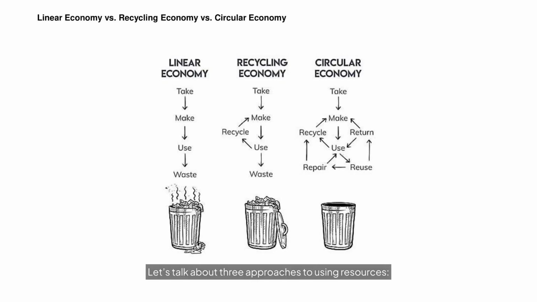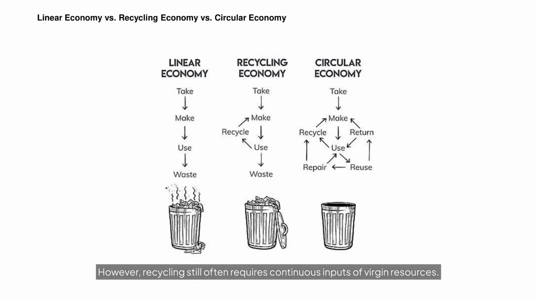Let's talk about three approaches to using resources: linear, recycling, and circular. In a linear economy, we take raw materials, make a product, and then dispose of it as waste. This one-way model has dominated construction, but it's clearly unsustainable. A recycling economy improves this by processing waste into new materials, reducing disposal.